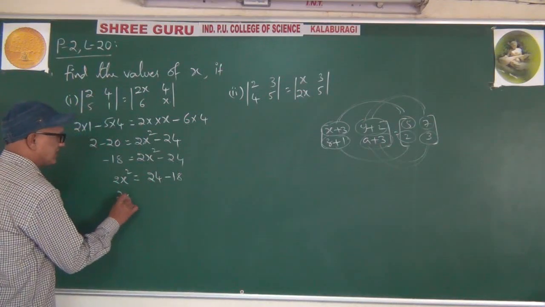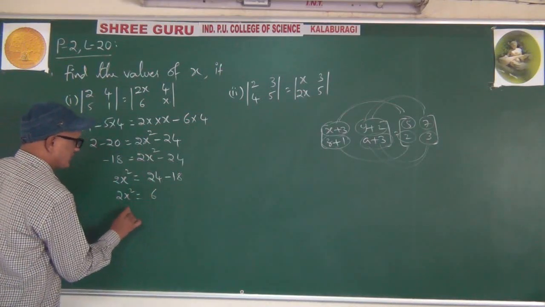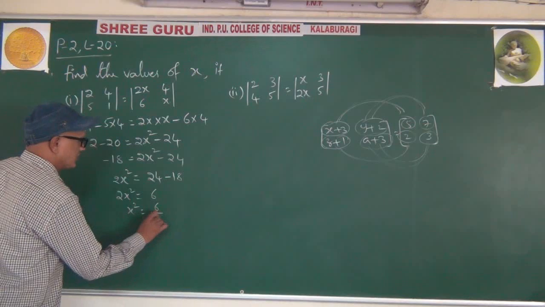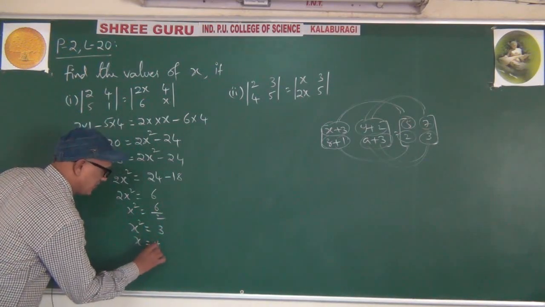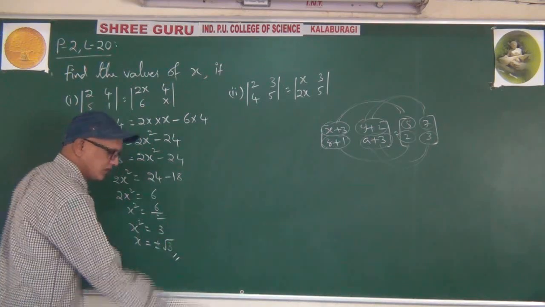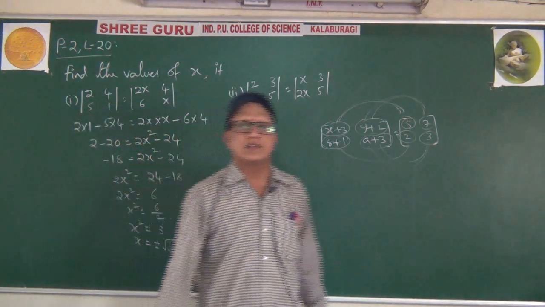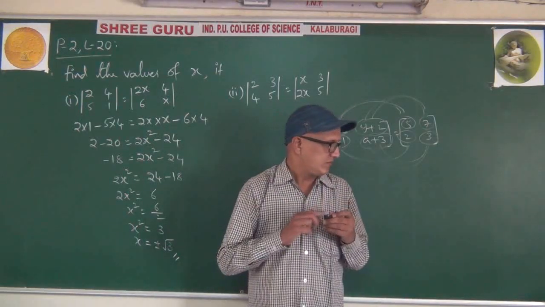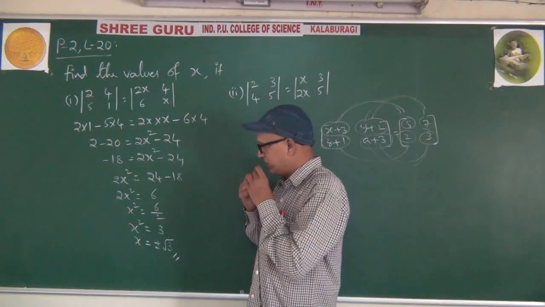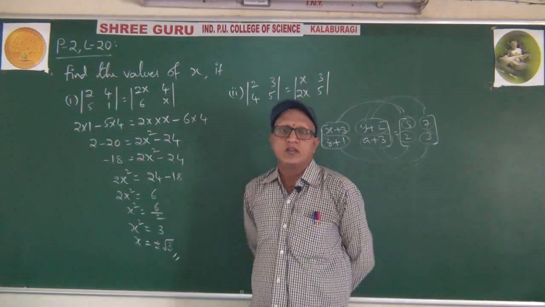You have to do this. 2x square equals 6, x square equals 6 by 2, x square equals 3, x equals plus or minus root 3. This is the answer. Right?